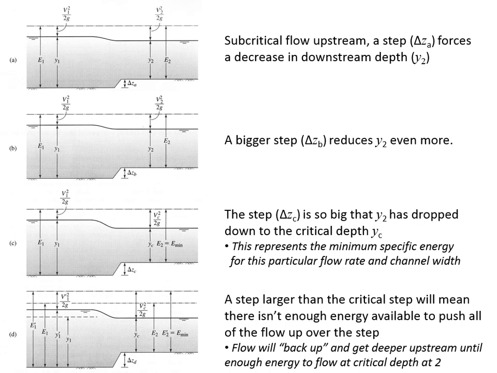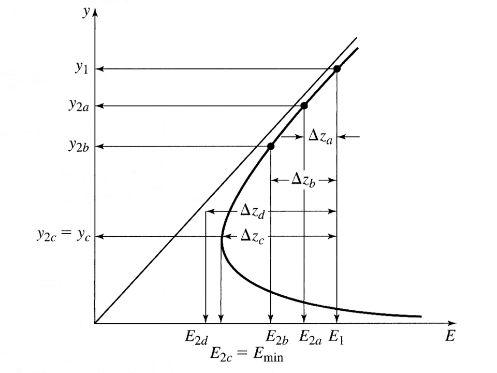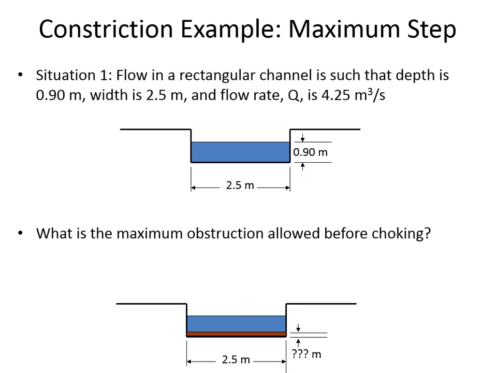By definition, in this problem statement, when I'm asking what's the maximum obstruction height allowed before choking, just before the choking occurs, the depth of flow over that obstruction is going to be the critical depth. And so we're going to say let Y2 equal the critical depth, because that is by definition the flow depth just before choking, or you could say at choking, but it's right on the border.